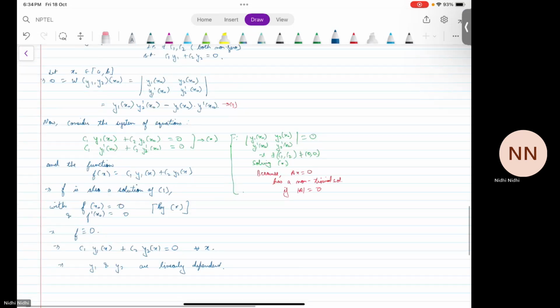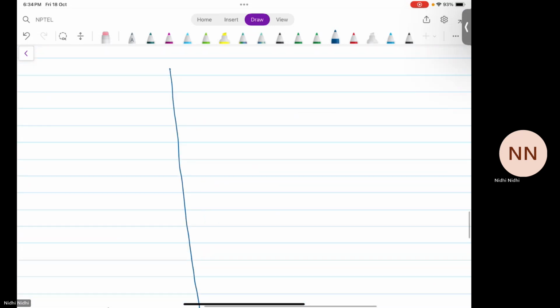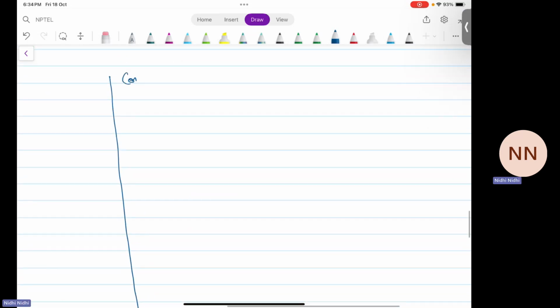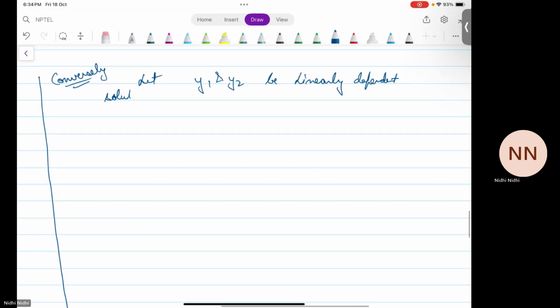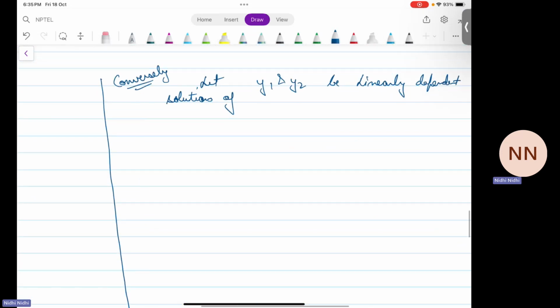Conversely, let y1 and y2 be linearly dependent solutions of equation, which we have marked as equation 1.